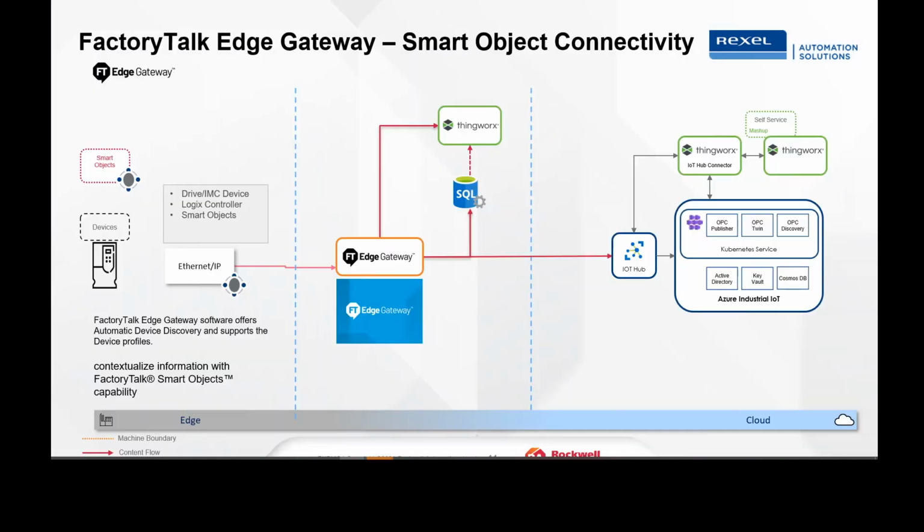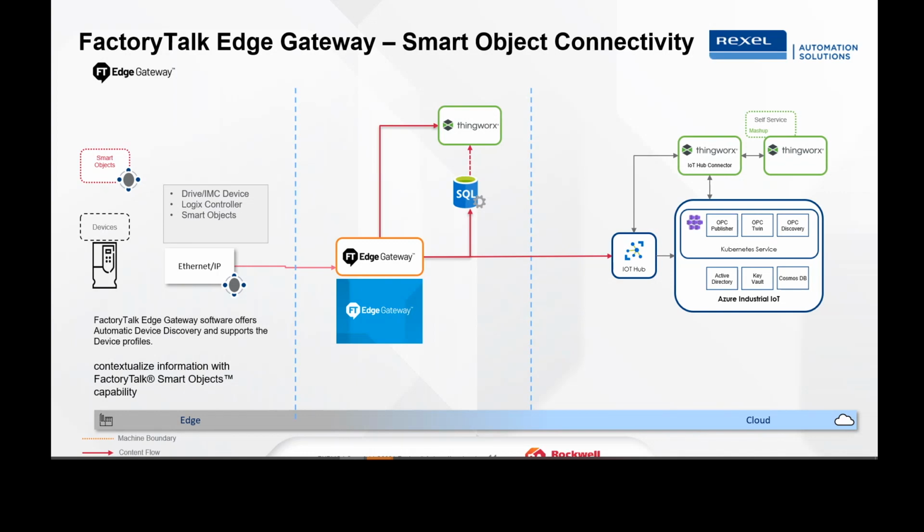Just a quick overview of that FactoryTalk Edge Gateway. You see on the left side there, I show a few devices, and we have this concept of automatic device discovery, whether it be a drive or a Logix controller, and then with the smart data objects that allow you to contextualize the information very easily, whether it be into something like ThingWorx and log that to a SQL database, then be able to visualize that onto a screen for someone.